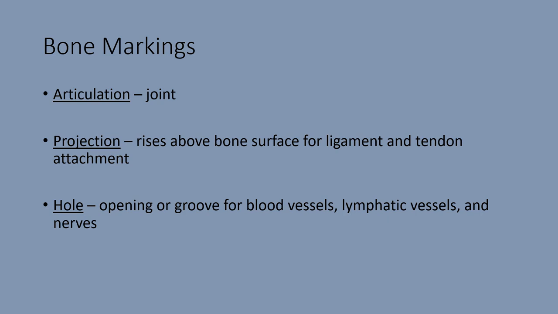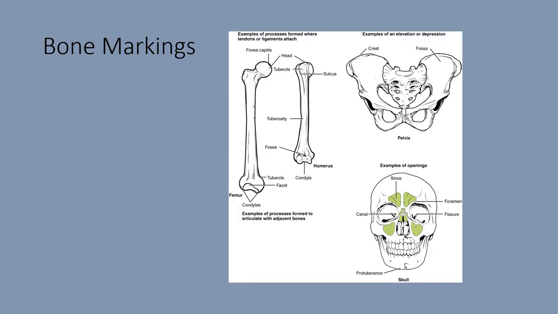Why is there going to be a hole? Well, you have to oftentimes have an opening for these blood vessels, for these lymphatic vessels, for the nerves to pass from outside the bone to the interior portion of the bone. And sometimes you may have grooves along the bones where the blood vessels and nerves and lymphatic vessels tend to be lying in there. And so this is just giving some examples of these. You know, a projection is where you have anything rising above the surface of what the bone would be.